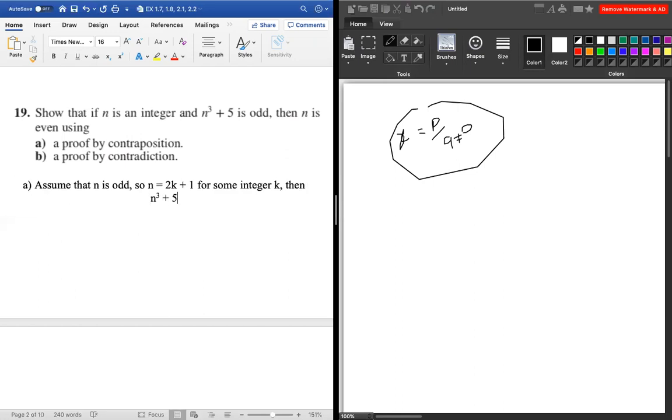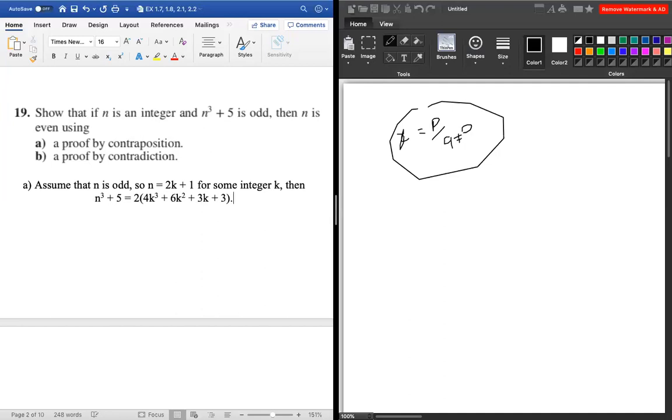then n cubed plus 5 equals 2, right? So 2 times, and then the value of k is 4k cubed plus 6k squared plus 3k plus 3.